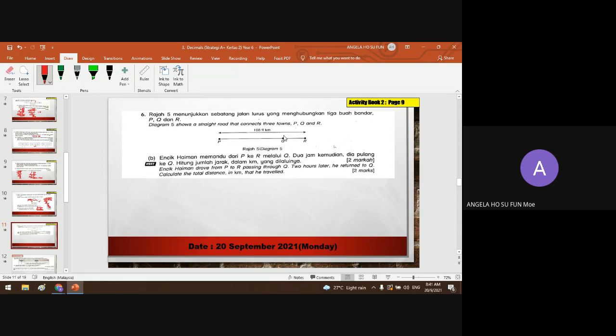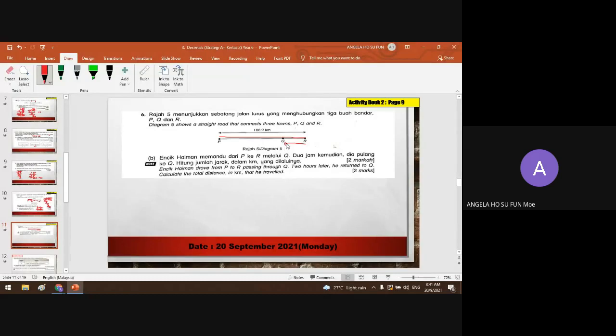From P to R means from one end to the other end, passing through Q. Then 2 hours later, after reaching town R, maybe going to eat or shopping, he returned to Q. So he starts from here to the end, and after that he comes back from here until here.